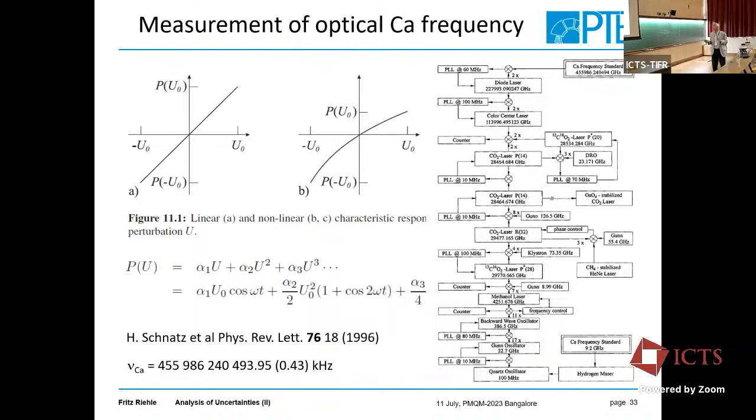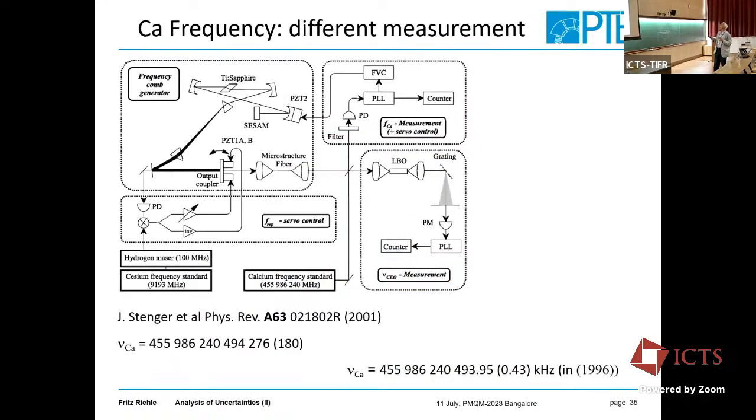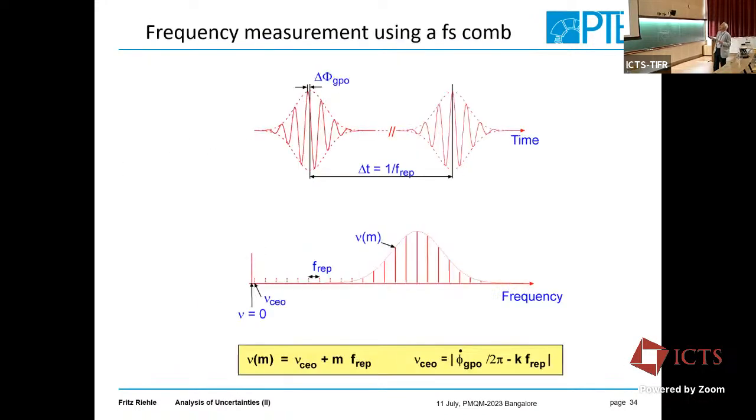And then frequency measurement using a femtosecond laser became possible. I always said to Ted Hänsch, you have seen our funny chain and thought that must be easier.